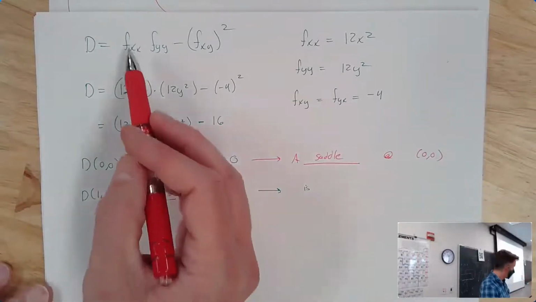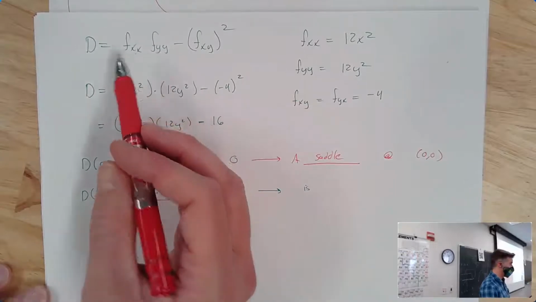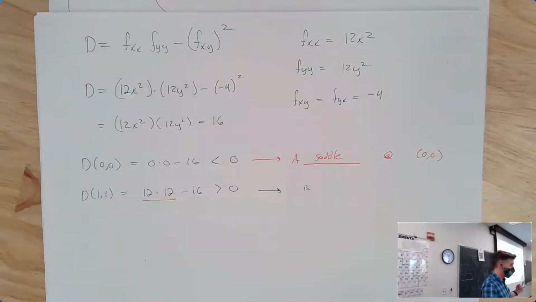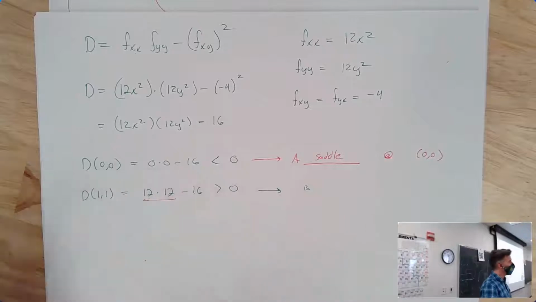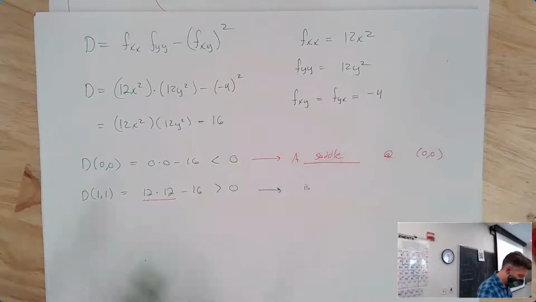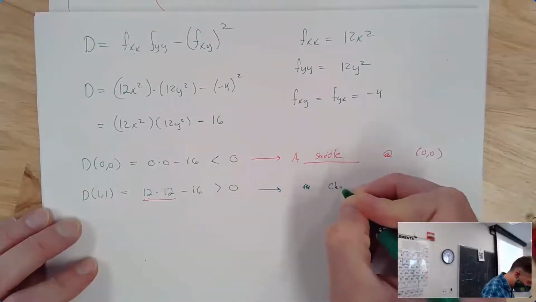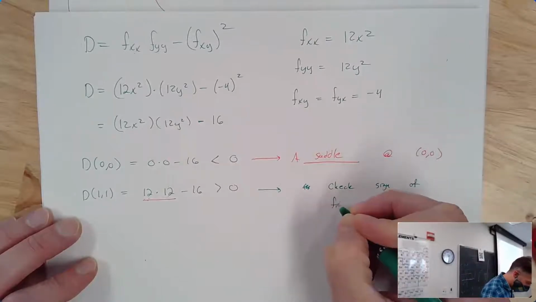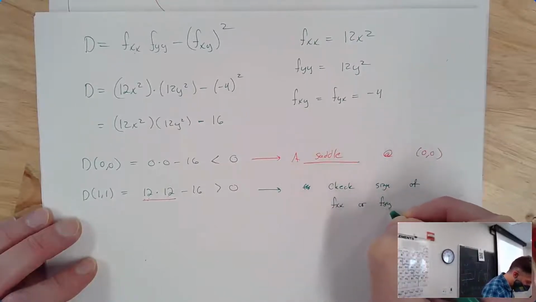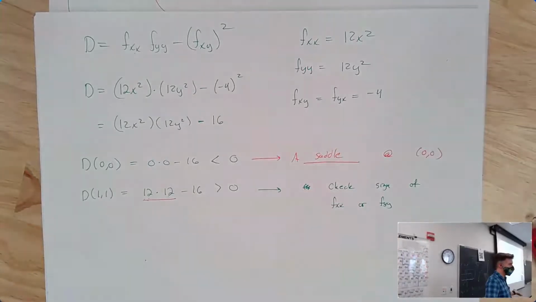And the only way things multiply together and end up being positive is if they're both negative or both positive. More generally, they're both the same sign. So if this is positive, these are the same sign, meaning you only have to check one of them. Because what we're going to do is check the sign of either fxx or fyy. But they have to already be the same since this thing is positive.